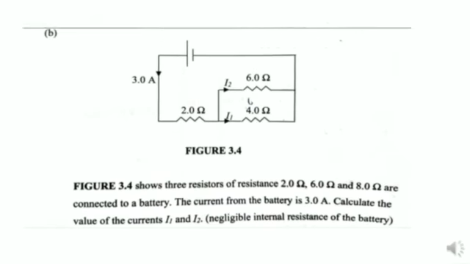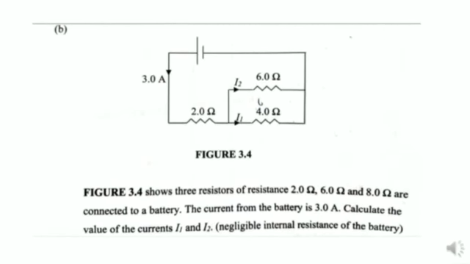The second question is, figure 3.4 shows 3 resistors of resistance 2.0 ohms, 6.0 ohms, and 4.0 ohms connected to a battery.